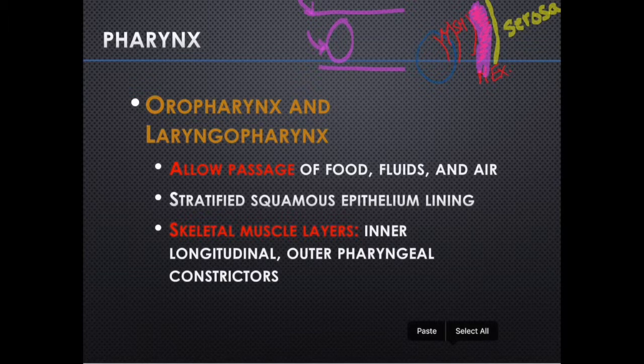One of the exceptions to this general rule, that I have the inner circular, outer longitudinal muscle layers, is going to be the pharynx. The pharynx is going to be formed by inner longitudinal and outer constrictor. So the outer muscle layer is going to be circular and the inner muscle layer is going to be longitudinal like this.